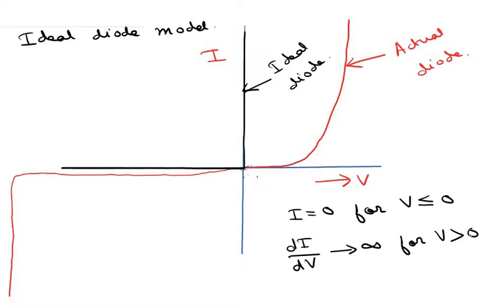Of course, the ideal diode doesn't exist in reality. This is just a mathematical way to express the ideal characteristics of a diode, or the characteristics that we should target. But real diodes don't have this IV characteristics. Real diodes always have this cut-in voltage V gamma, beyond which the current increases very sharply with the applied voltage.